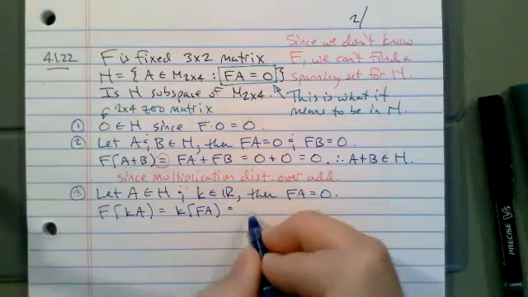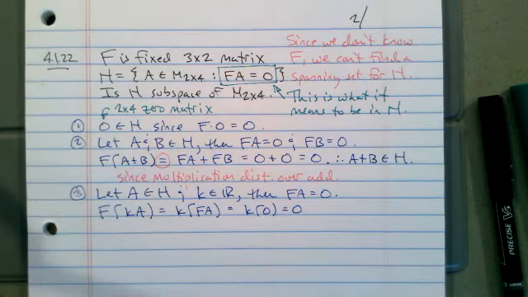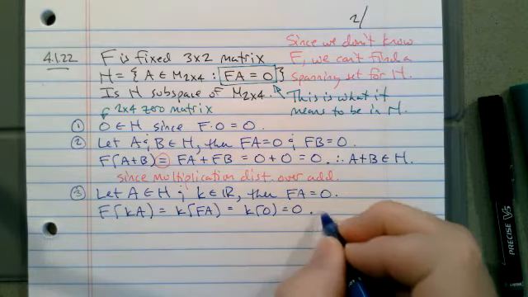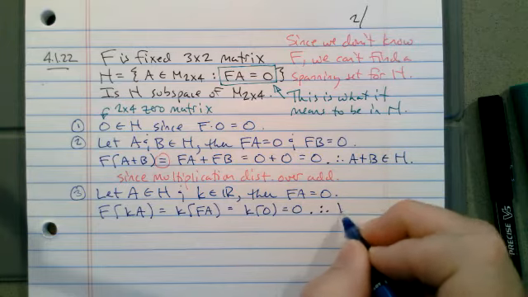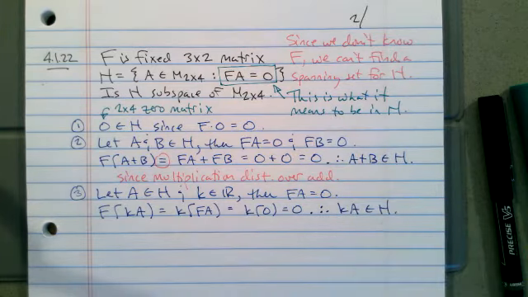And since FA is equal to 0, I end up with 0. Therefore, KA is in H. Therefore, H is closed under scalar multiplication.